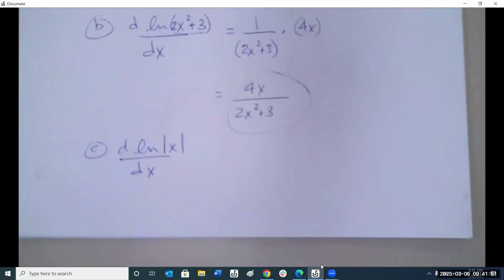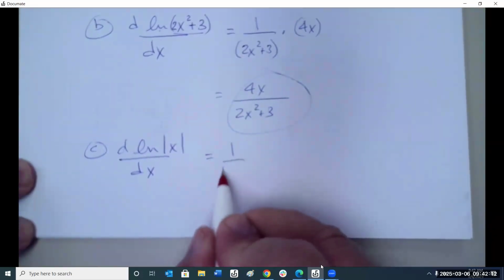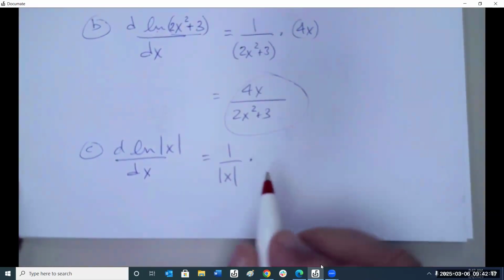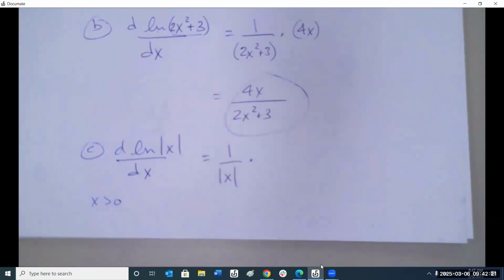How about the derivative of ln of the absolute value of x? So 1 over absolute value of x. And remember, since we're only dealing with x being greater than 0, what's the derivative of absolute value of x?